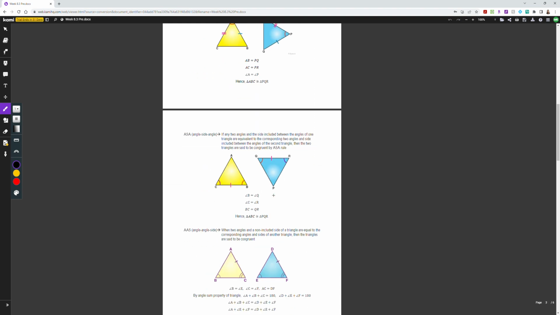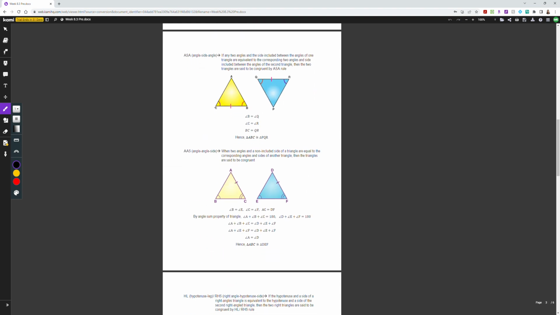The other way we can prove triangles are congruent is ASA, which is angle, side, angle. It states that if any two angles and the side included between the angles of one triangle are equivalent to the corresponding two angles and included side of the second triangle, then the two triangles are congruent by the ASA rule.